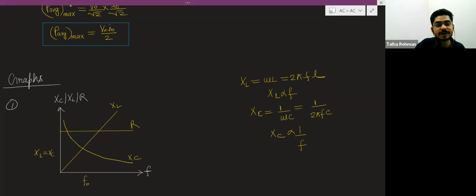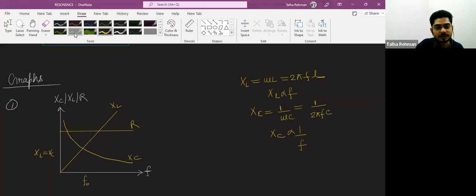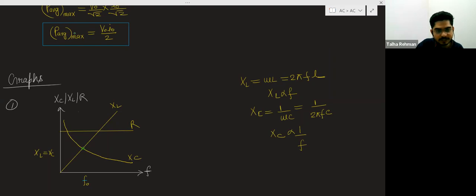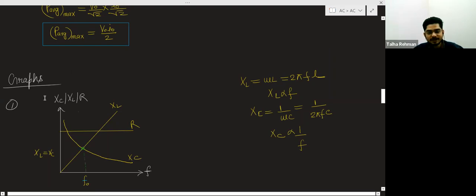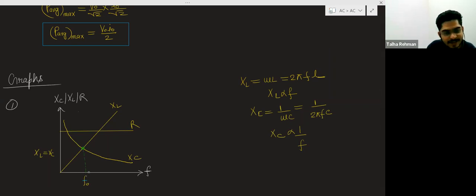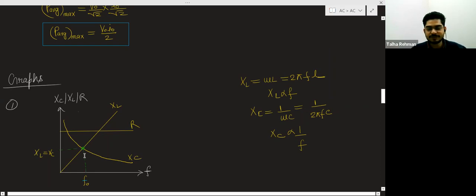And here we got a very important point. This is the point of intersection, where there is a frequency at which XC is equal to XL. See how beautiful this graph is.